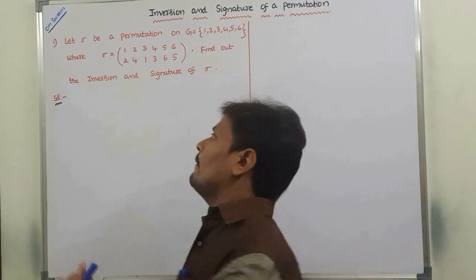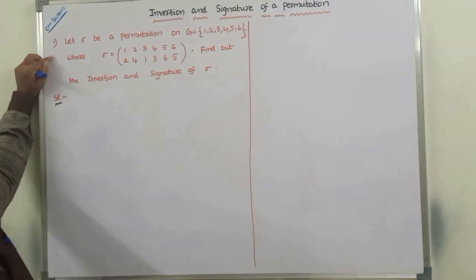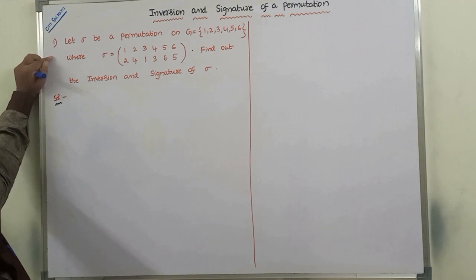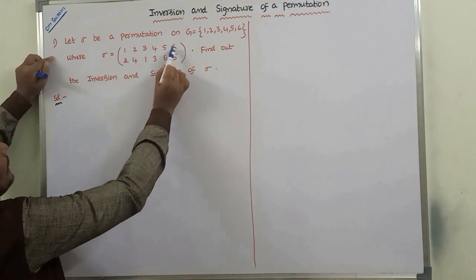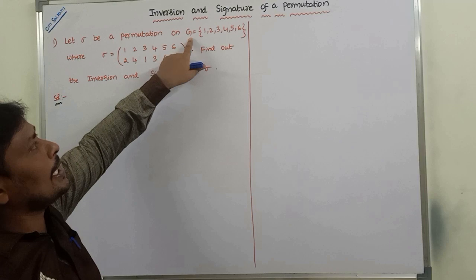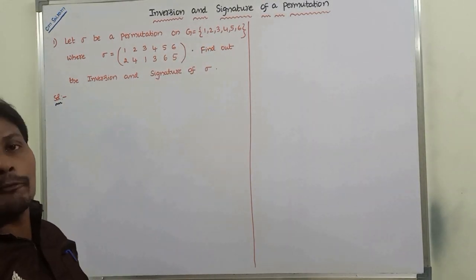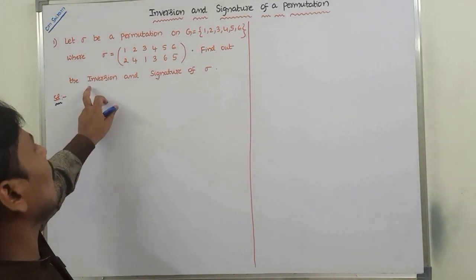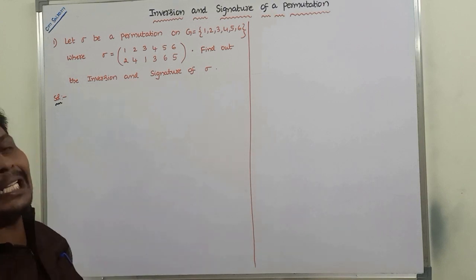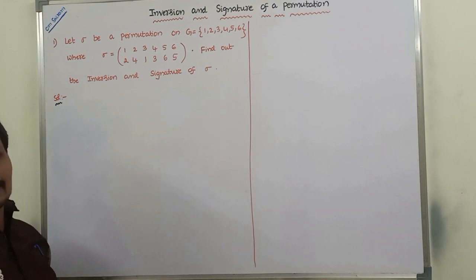The given problem is: let sigma be a permutation defined in this way on the set G equal to the set 1 to 6. Find the inversion and signature of permutation sigma.